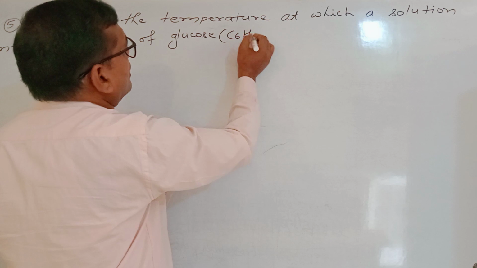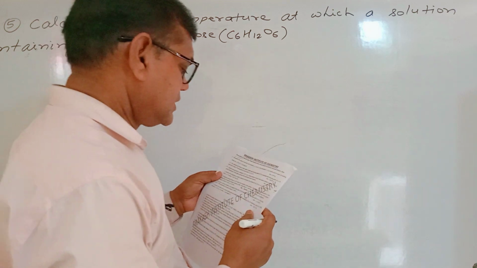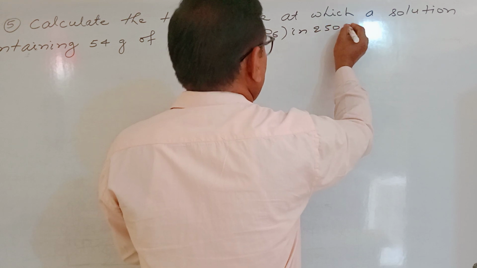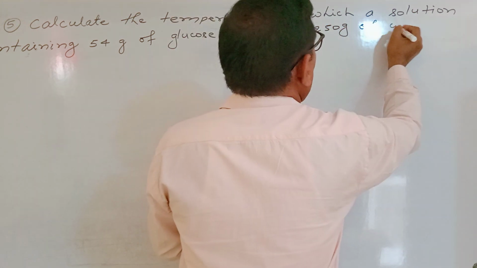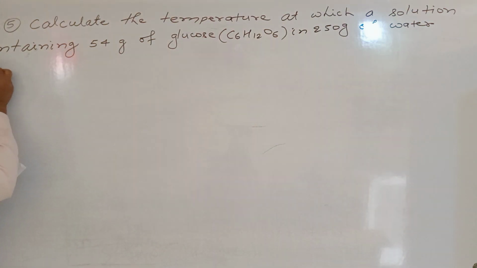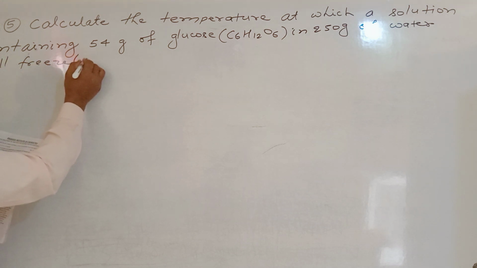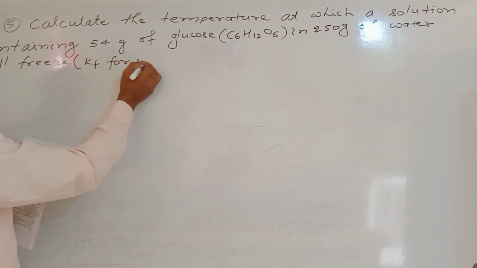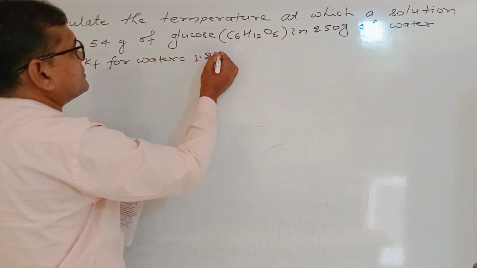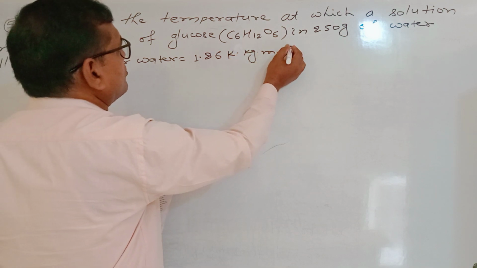Molecular formula of glucose is C6H12O6, in 250 grams of water will freeze. Kf for water is equal to 1.86 Kelvin kg mole inverse.